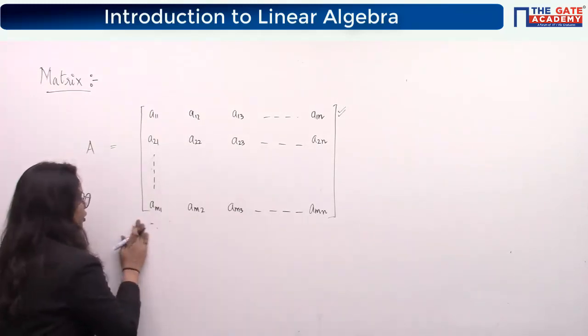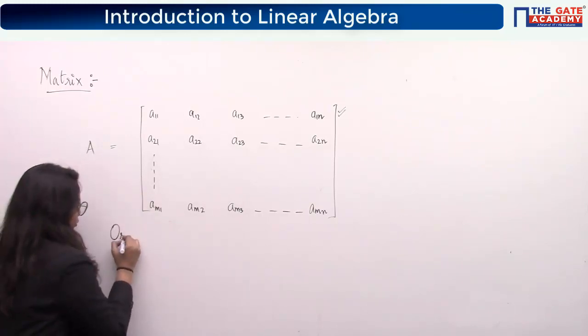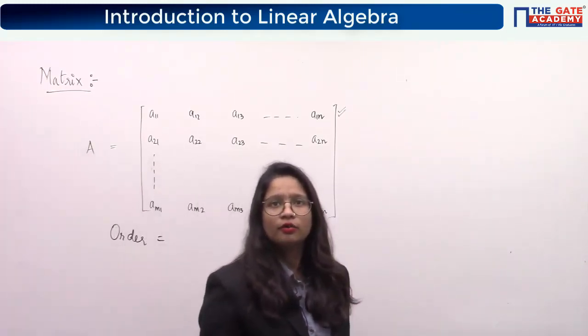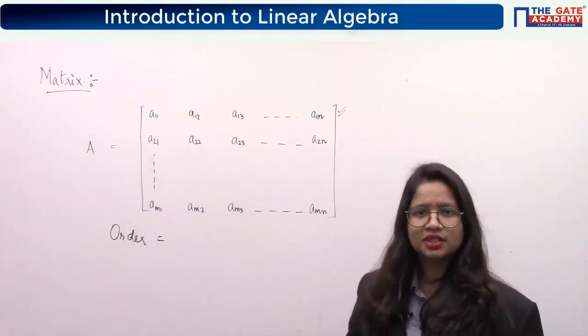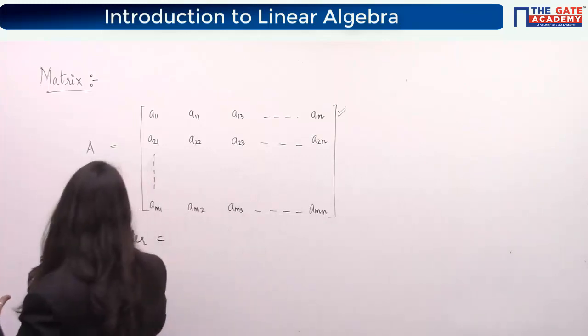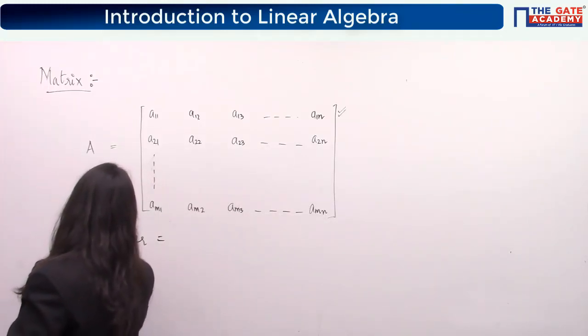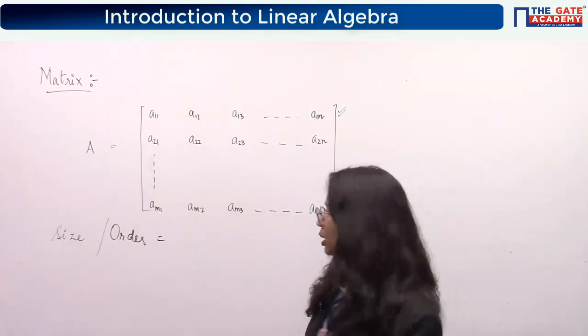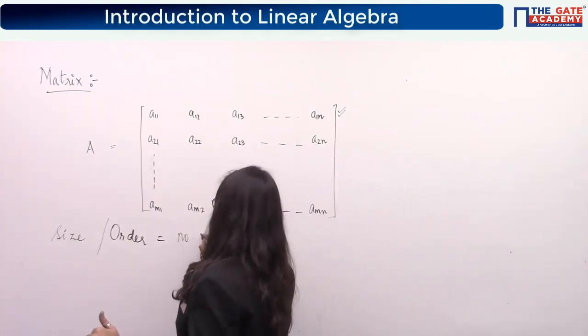Okay, so to signify that thing we have a term which is known as order. What do you mean by order of a matrix? It is just denoting the size of your matrix. Order is also sometimes known as size of your matrix. So what is the size or order of the matrix? Can you tell me?